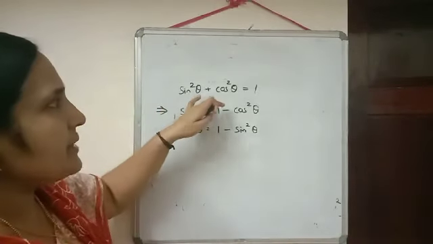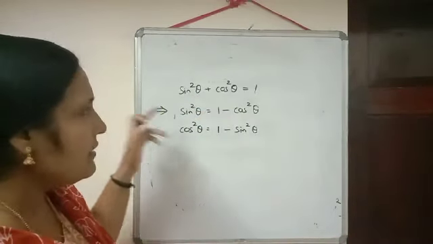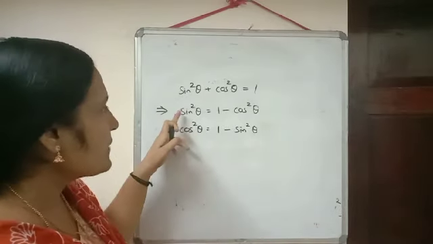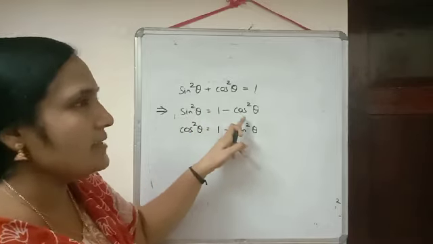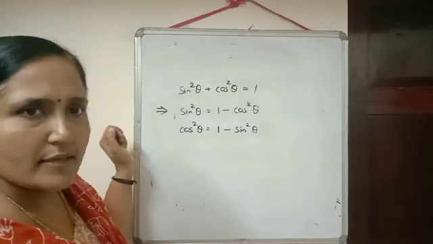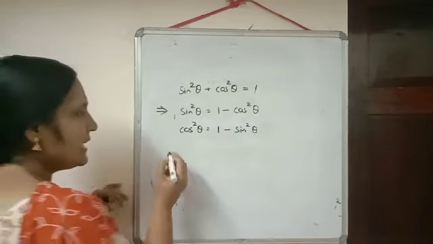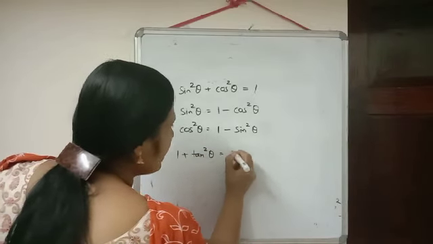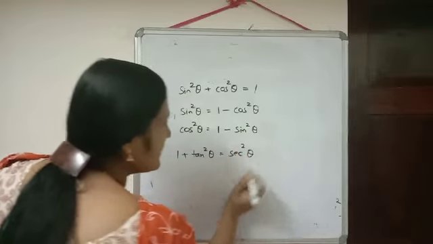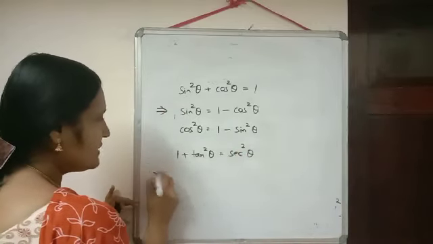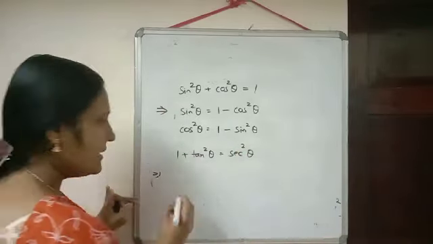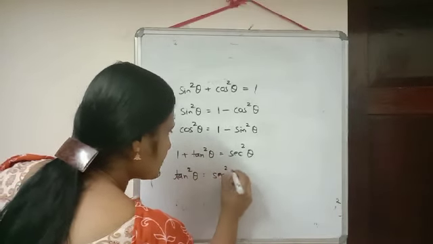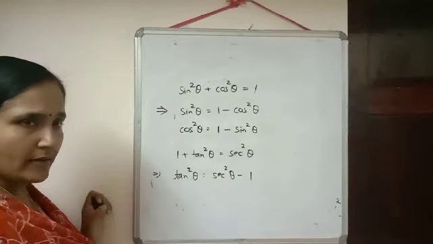Sin square theta plus cos square theta is equal to 1. Cos square theta can be written as 1 minus sin square theta, and sin square theta can be written as 1 minus cos square theta. Now our second identity is 1 plus tan square theta is equal to sec square theta. If I shift this 1 to the right hand side, tan square theta is equal to sec square theta minus 1.